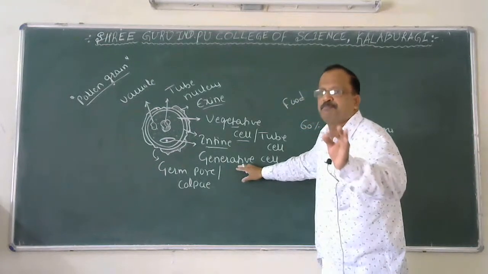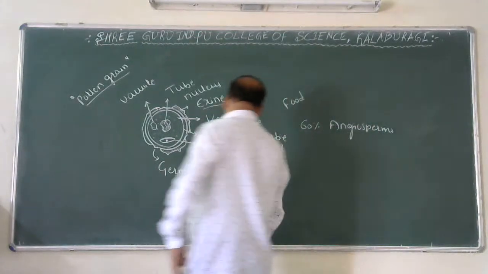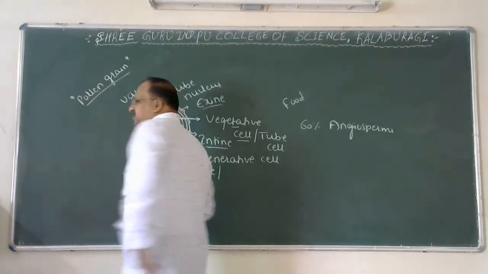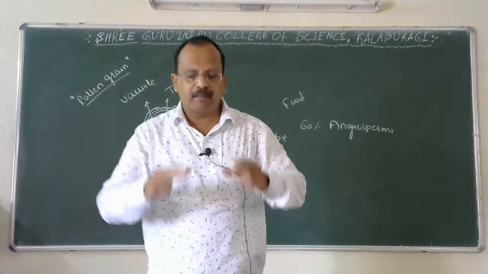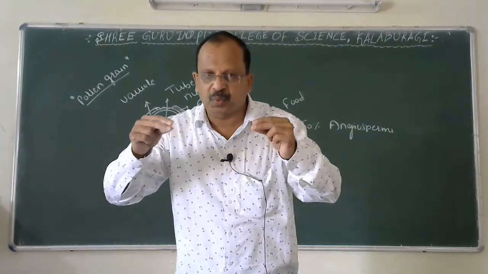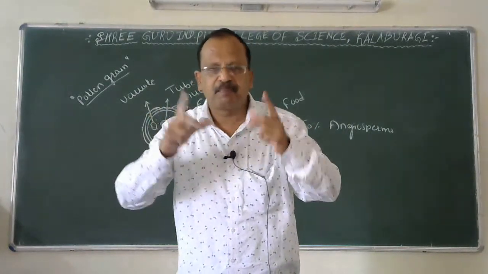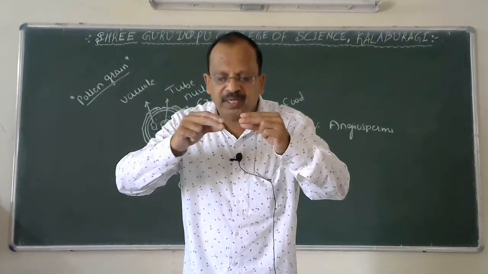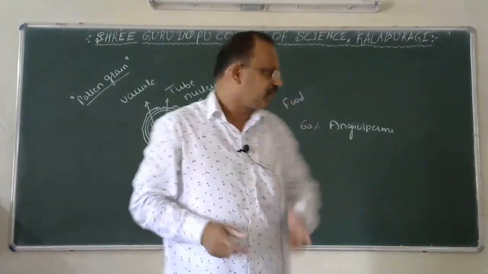Generative cells are spindle shaped. Please remember, for CET purpose, the generative cell is spindle shaped. Spindle shaped means it is broad at the middle and gradually tapers towards the tip.